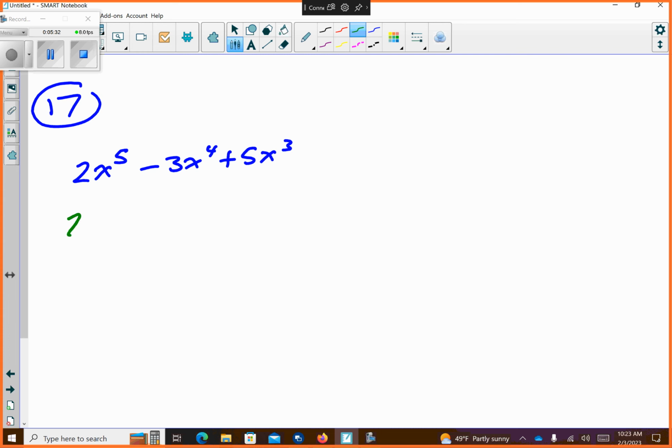No. X to the 5th: how many times am I going to write x? 5 times. Can a 3 break down any further? How many x's am I going to write? 4 of them. And then the plus. Can I break 5 down any further?